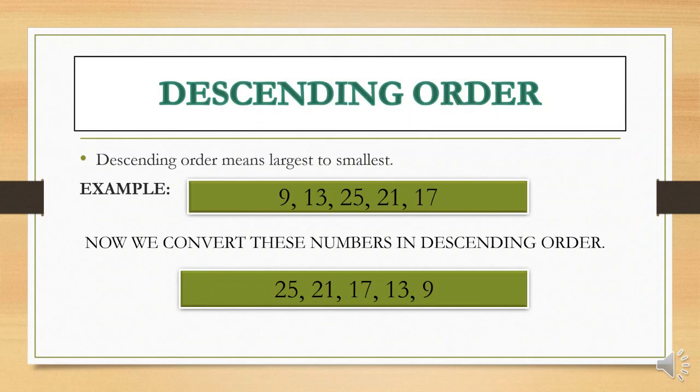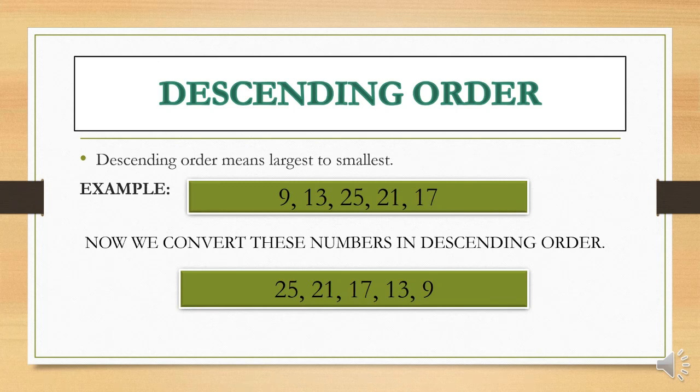After the explanation of ascending order, now I will teach descending order. Descending order means largest to smallest, when we move from high to low. As in the given example, 9, 13, 25, 21 and 17 are not in order.